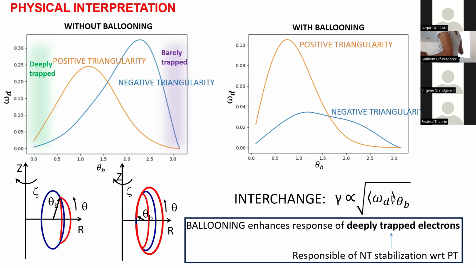So this appears quite clear now. We enhance, thanks to ballooning, the response of deeply trapped electrons, which are favorable for negative triangularity, and therefore the integral of omega d gets higher for positive triangularity than negative triangularity, and we recover the good trend.